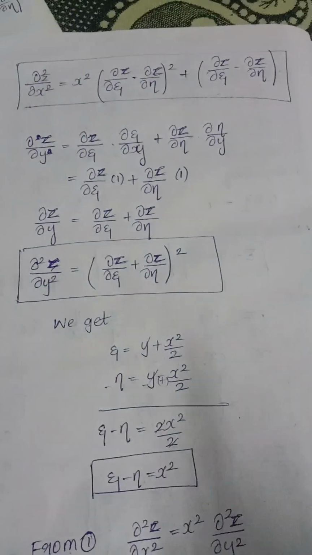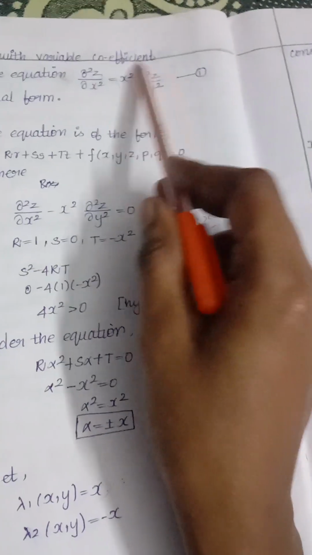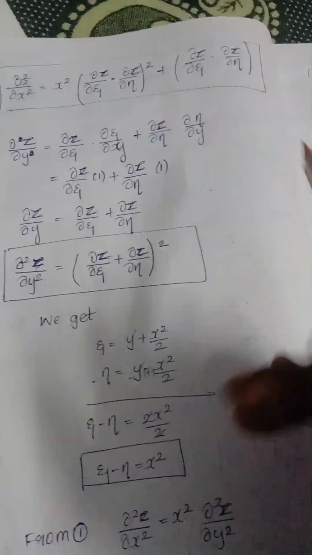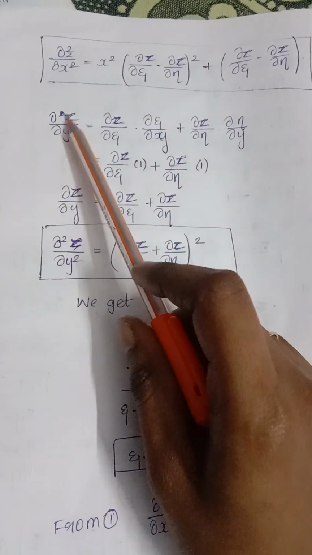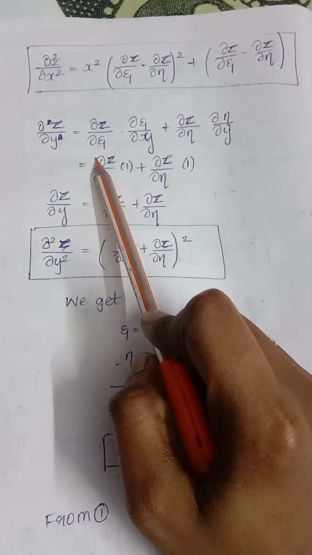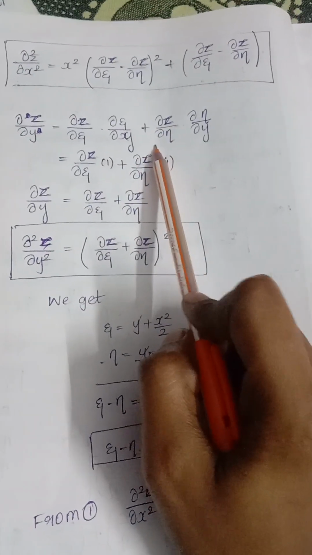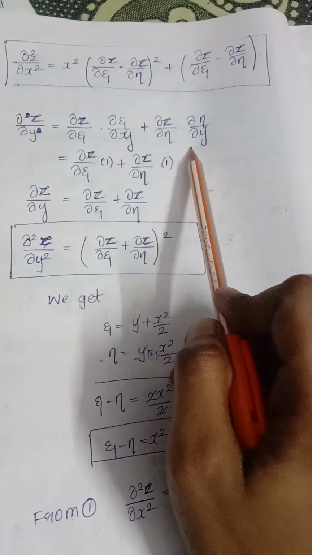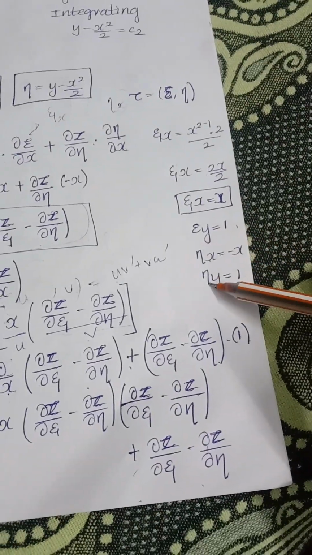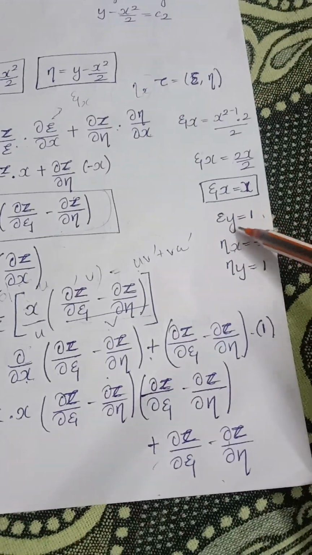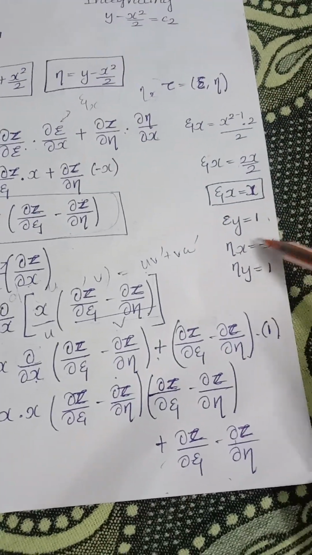Then in our question we have a y term. For that we have to differentiate with respect to y: dou zeta divided by dou xi into dou xi divided by dou y, and dou zeta divided by dou eta into dou eta divided by dou y. We already derived the forms of xi_y and eta_y, both of which are 1.